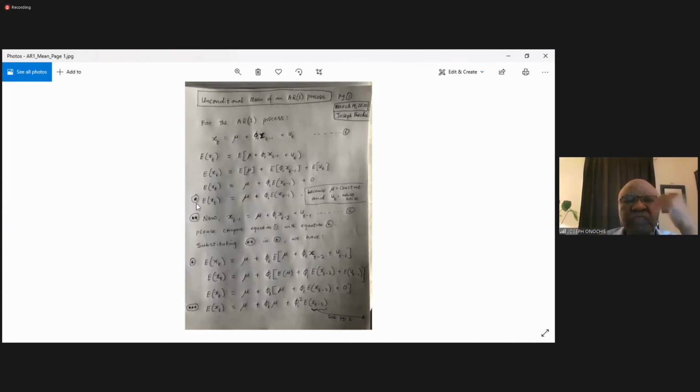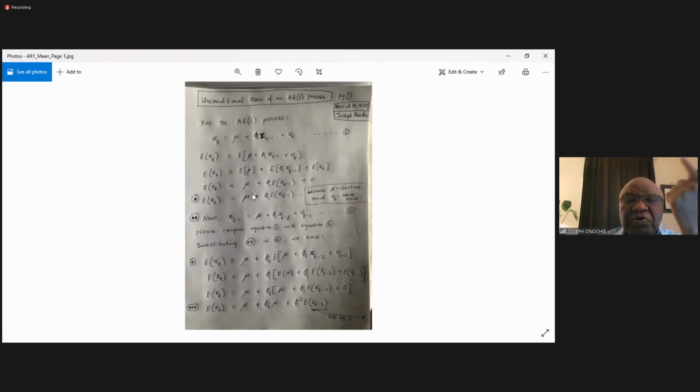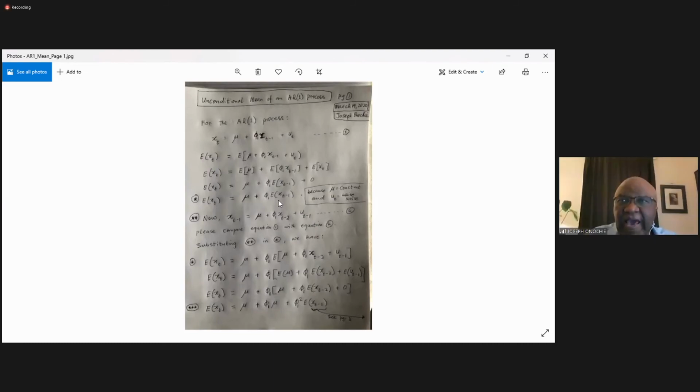This tells me that the average of an AR1 process, the expected value, which is the first moment, remember, the first moment or the average of an AR1 process is equal to a constant plus this times the average value of yesterday's return. So in other words, if Roxana, you and I are interested in studying, if we go collect day by day data for 20 years for Facebook, and Facebook follows an AR1 process.